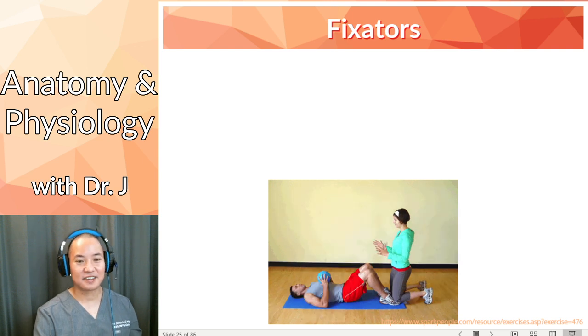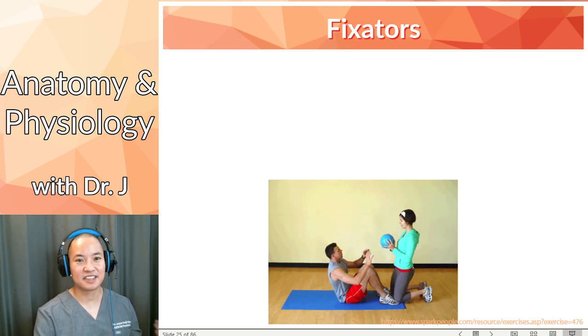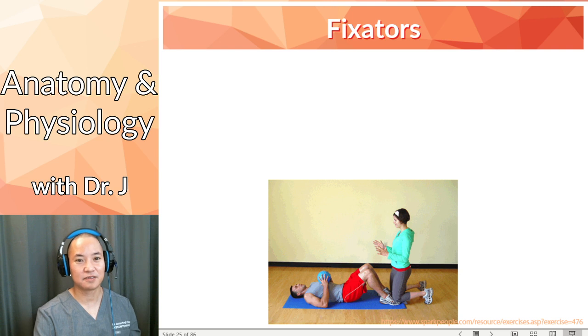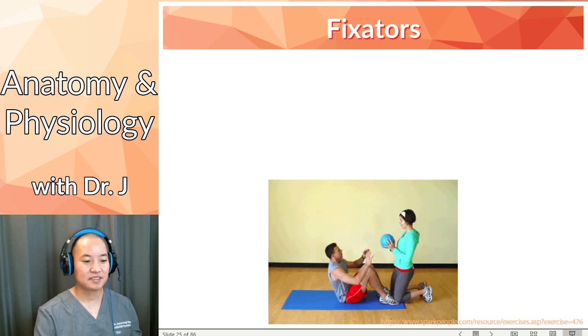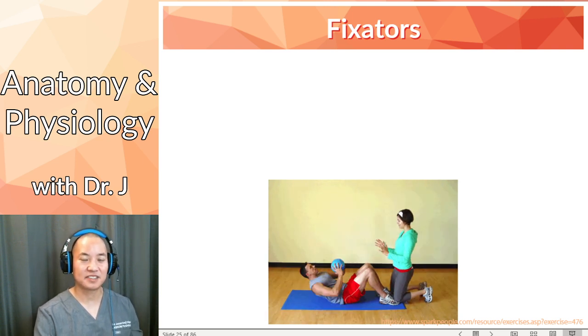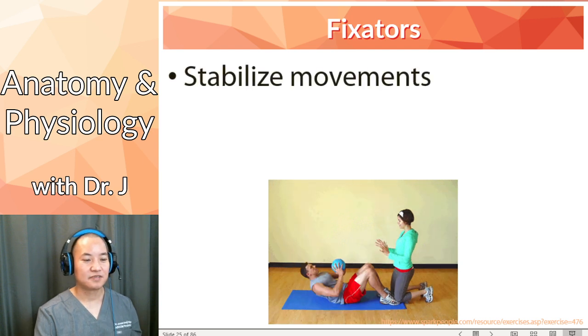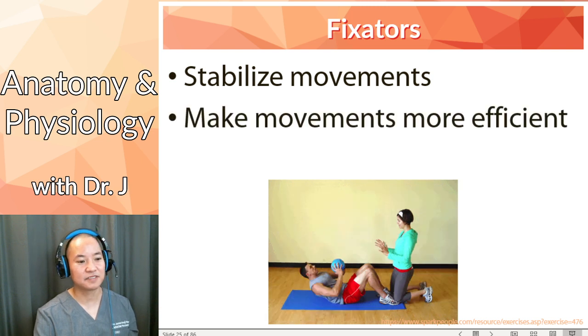Whether you have someone there or not, you're still doing that abdominal crunch, that overall flexion movement. But if something is fixating it, it helps increase the efficiency of that movement. So fixators are important because they stabilize movement, even though they're not really moving. They help stabilize the movement and make it more efficient.